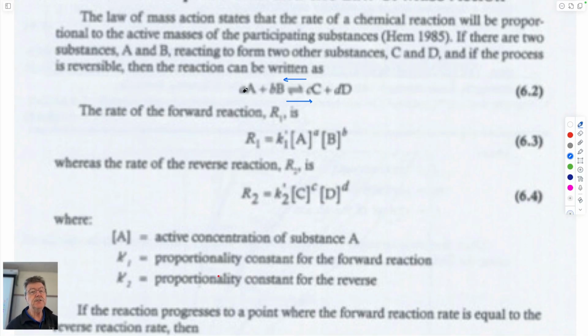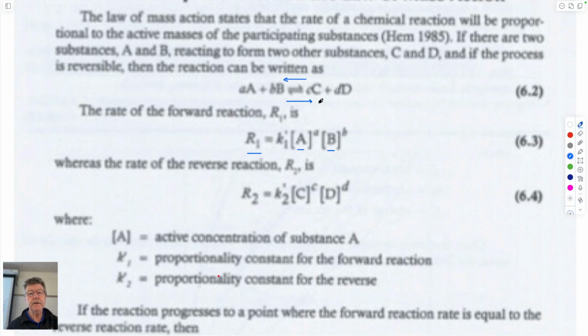And the stoichiometry of these integer values defines how much of each of these components, when combined, make how much of these individual components on the right-hand side. If we look at the rate at which this forward reaction goes into the second two components, we can define that rate of reaction in terms of an equilibrium coefficient, where these represent the concentrations of A and B, or number of components of A and B, usually in terms of moles, where the stoichiometric multipliers now become exponents applied to this.